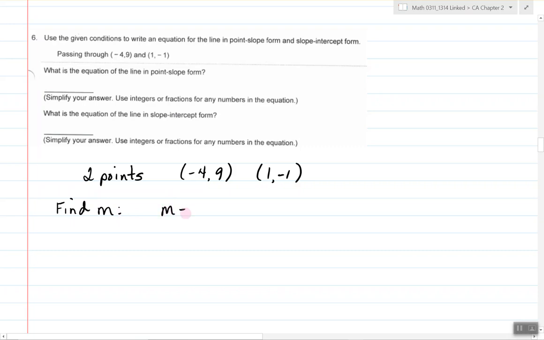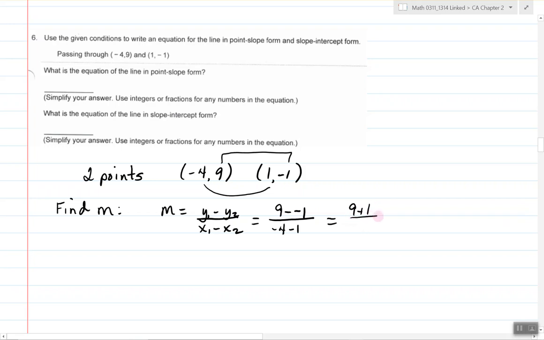So m is equal to y1 minus y2 over x1 minus x2. It is the difference in the y's, 9 minus -1, over the difference in the x's, -4 minus 1. Minus minus turns to plus, so it's 9 plus 1 over -5, or 10 over -5, which is 2.